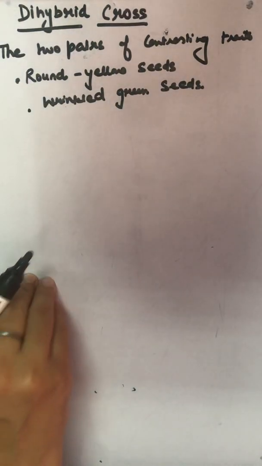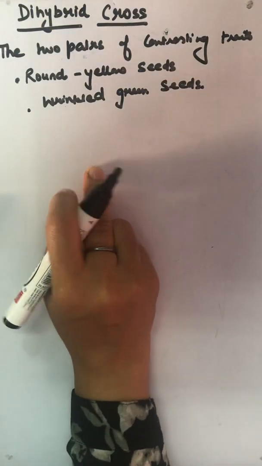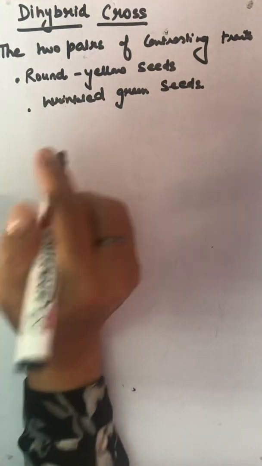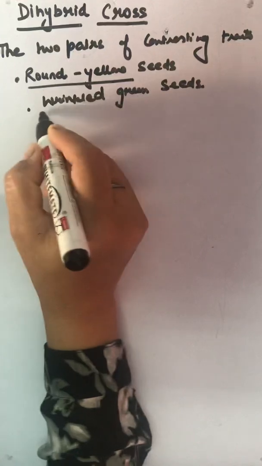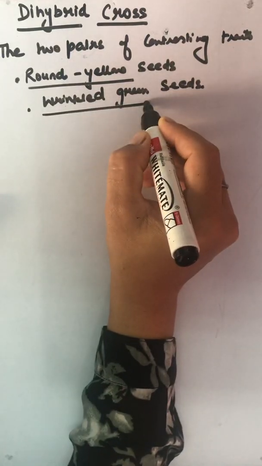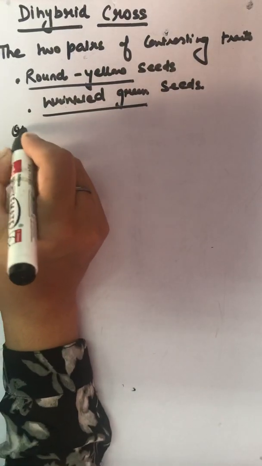Now to trace the inheritance of these two pairs of contrasting traits, we crossed round yellow with wrinkled green, okay? And the following observations were there.